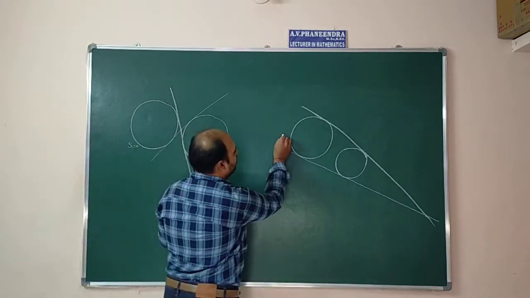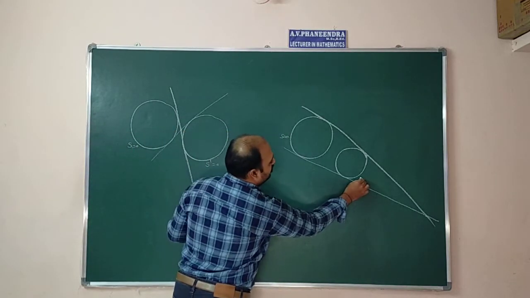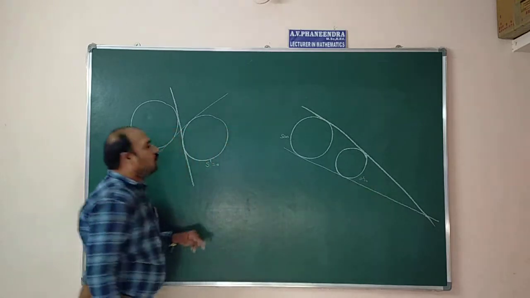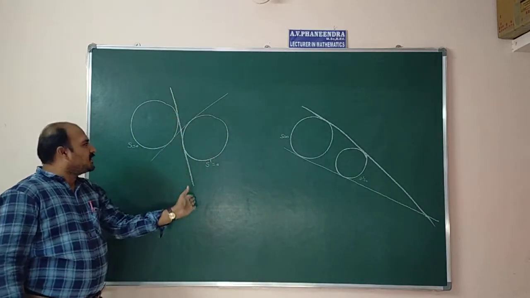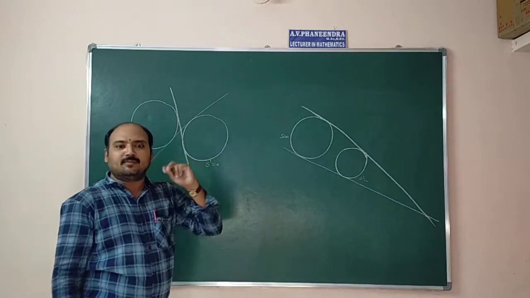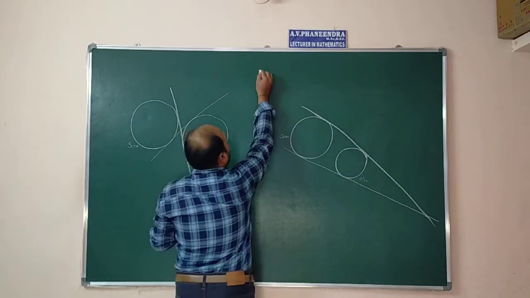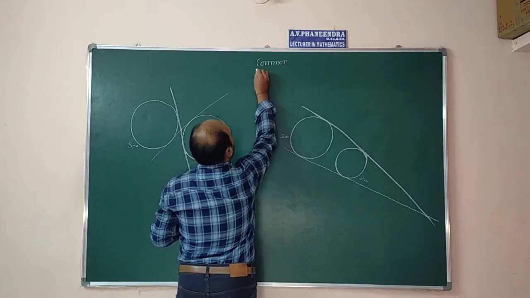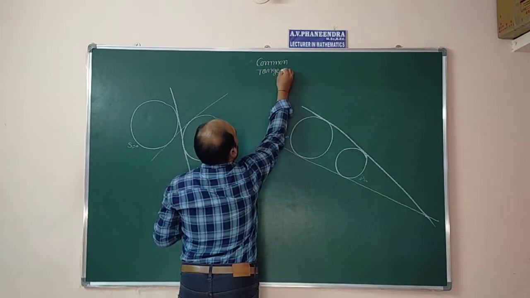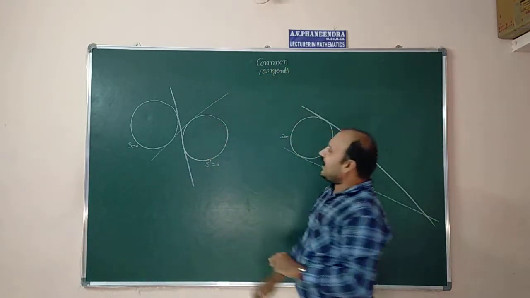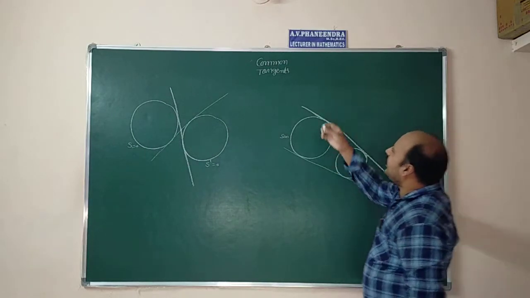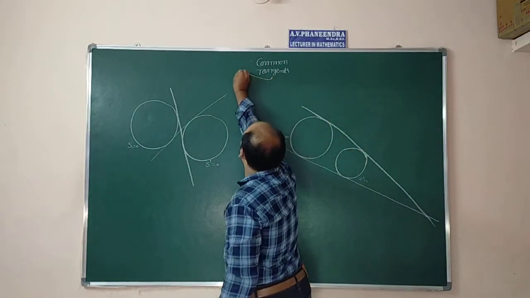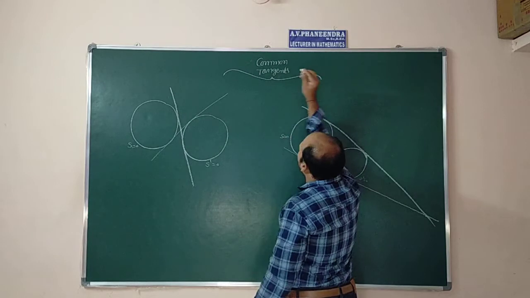Here also S is equal to 0 and S dash equal to 0. Observe that these are the common tangents. These common tangents can be divided into two parts.